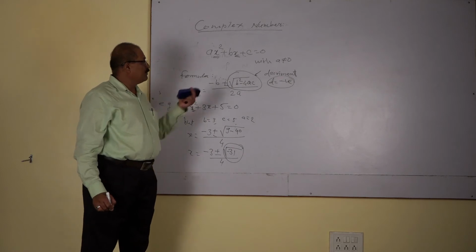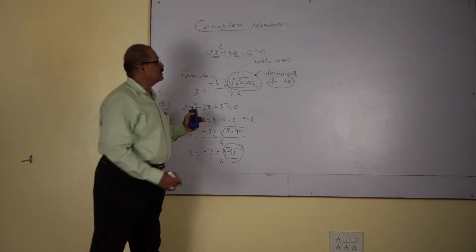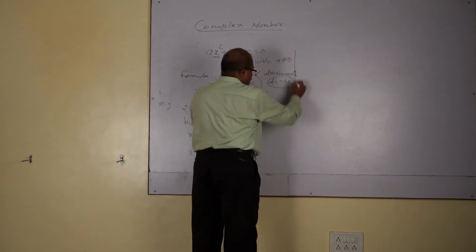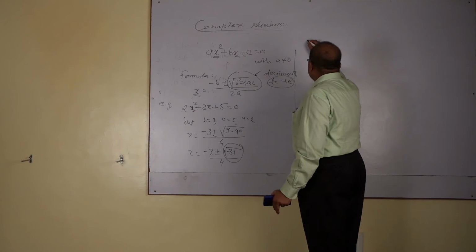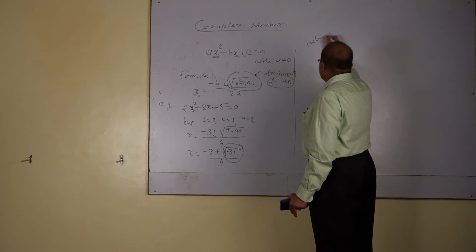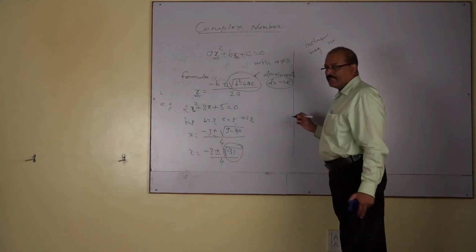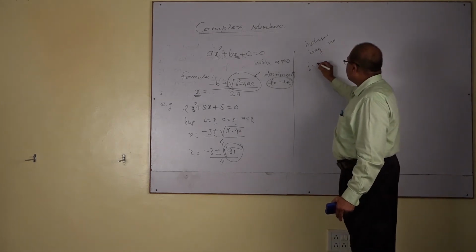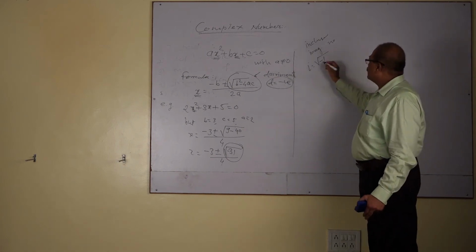Then how do we write the roots of this equation? For this purpose, let us include an imaginary number, and this imaginary number is denoted by the letter i, defined as i equal to root minus 1.